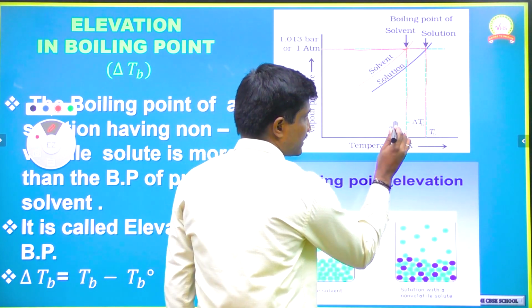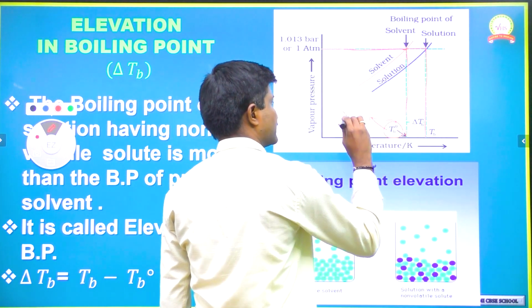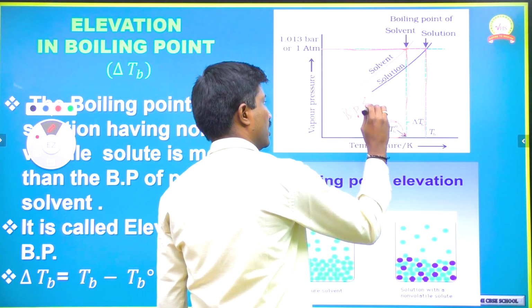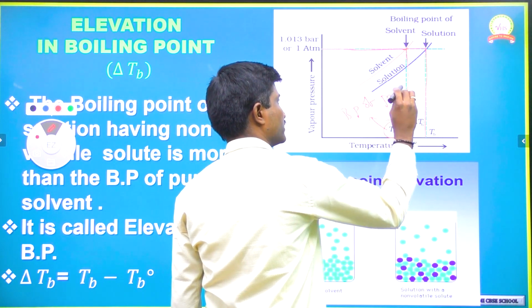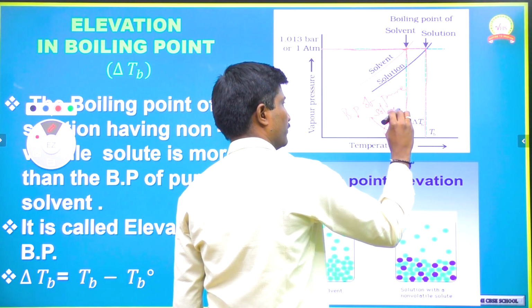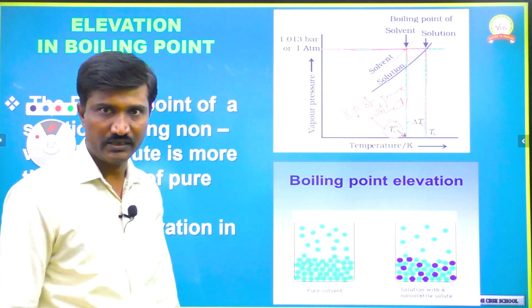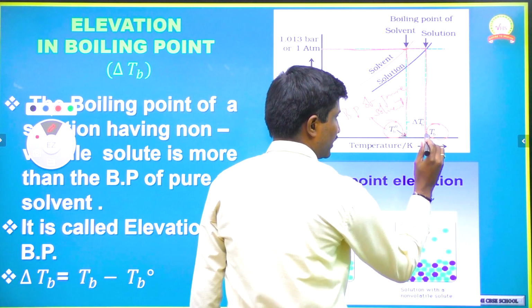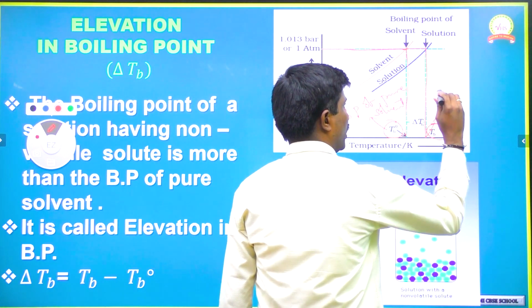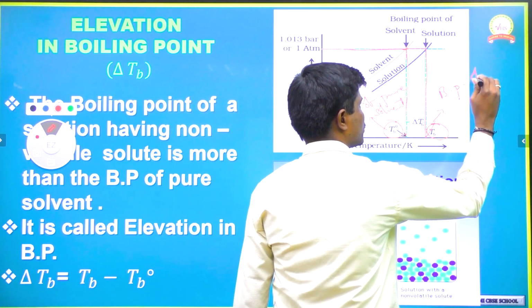So this T naught B we are calling the boiling point of pure solvent, and this TB we are calling the boiling point of solution.